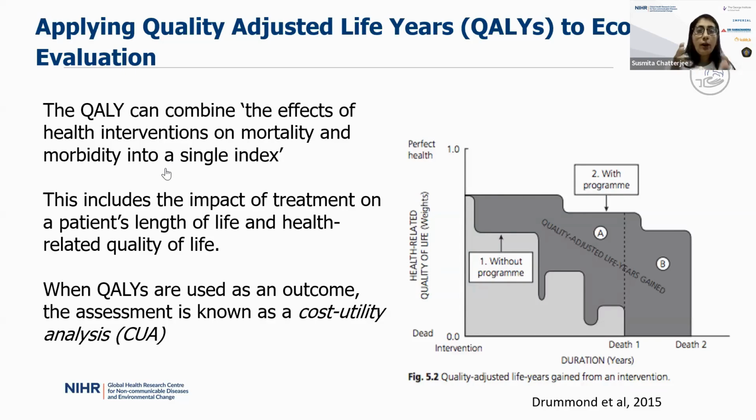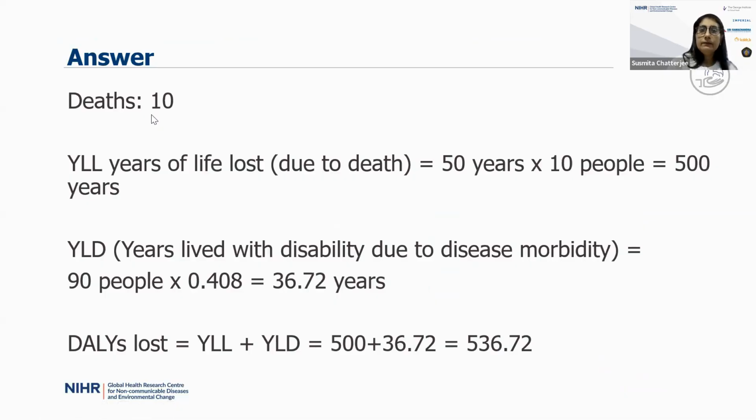The interpretation of the result is that 500 life years were lost because of TB in my population. Whatever was my population, 500 years were lost.